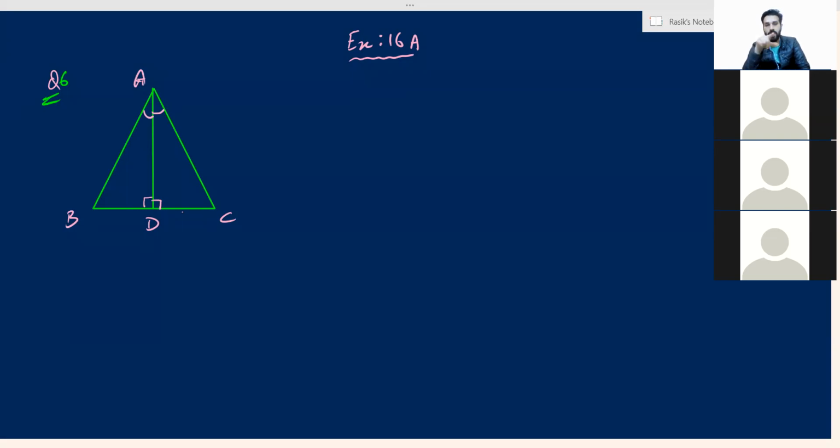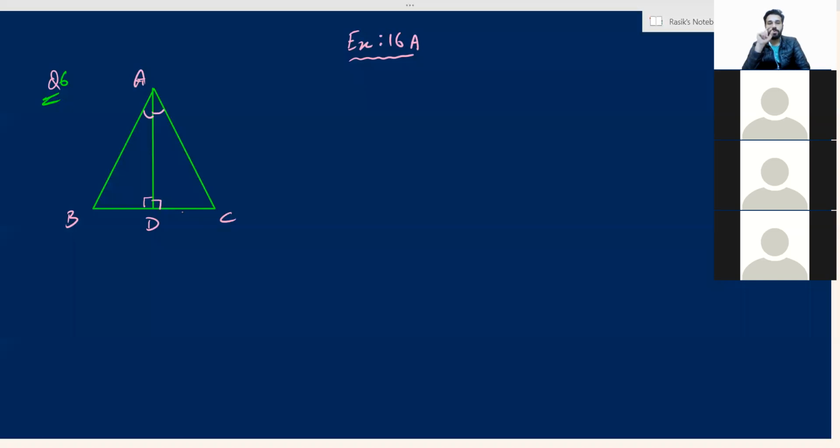So we have to show that this is an isosceles triangle. It is not given that this is isosceles. We have to prove that triangle ABC is isosceles. How will you prove it? If somehow we prove that AB is equal to AC, then we can say that it is an isosceles triangle.